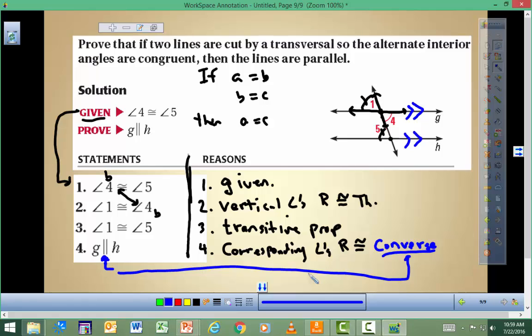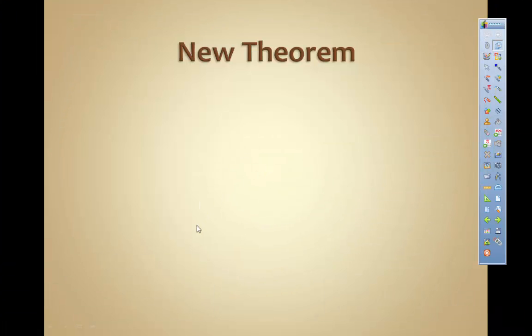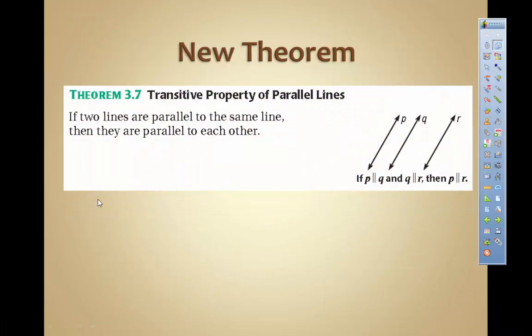So there you have it. We just did a proof. Well, we did half of it anyways. Now here's a transitivity property for parallel lines. It's pretty straightforward. It basically says that P is parallel to Q and Q is parallel to R, so P is parallel to R. I don't think it needs any explanation.